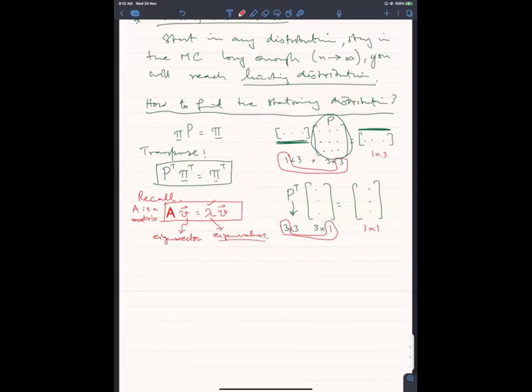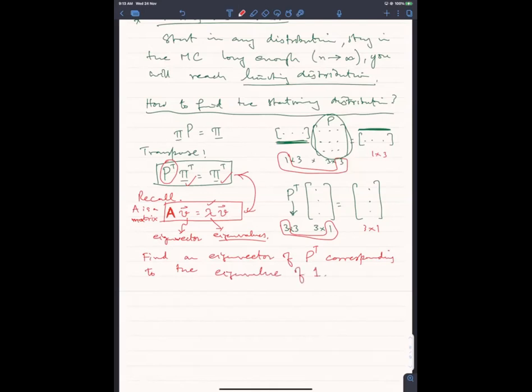Now if you notice, if you compare these two, in this case we are saying that we have to find an eigenvector of P transpose, an eigenvector corresponding to lambda equal to 1. So that means find an eigenvector of P transpose corresponding to the eigenvalue of 1.